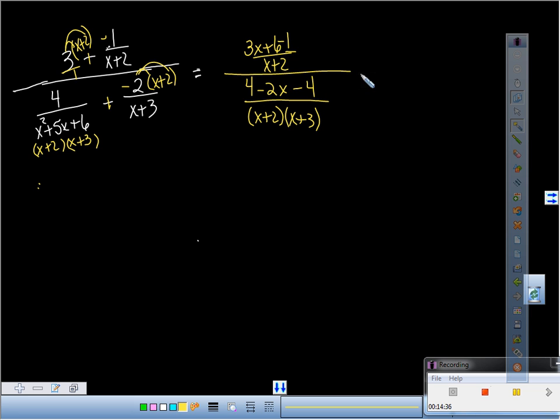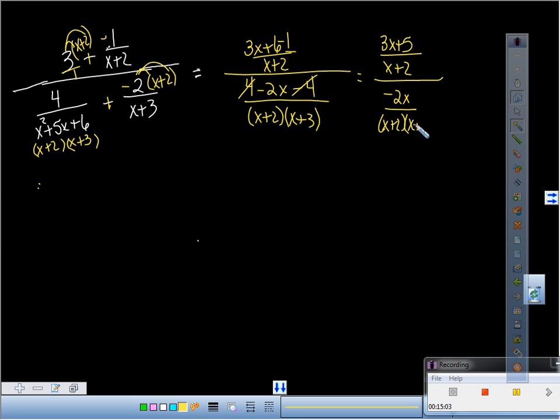So now, what happens to these 4s? They cancel out. Alright, up here what's 6 minus 1? So 3x plus 5 over x plus 2, all over, what's this? Negative 2x over x plus 2 and x plus 3.